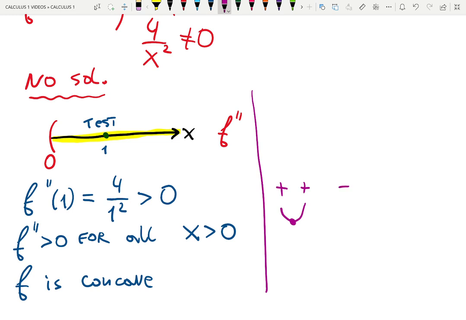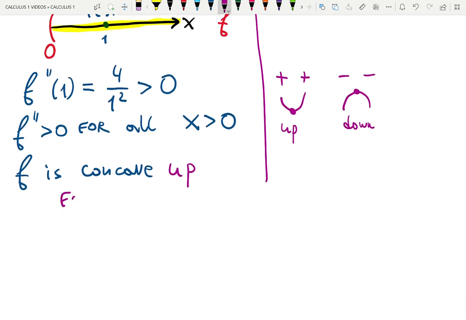If the second derivative is negative, then the original function is grumpy, and the nose is the local maximum. So concave up for the first case and concave down for the second case. Concave up for all x in the domain, and concave down nowhere. So we can just skip that.